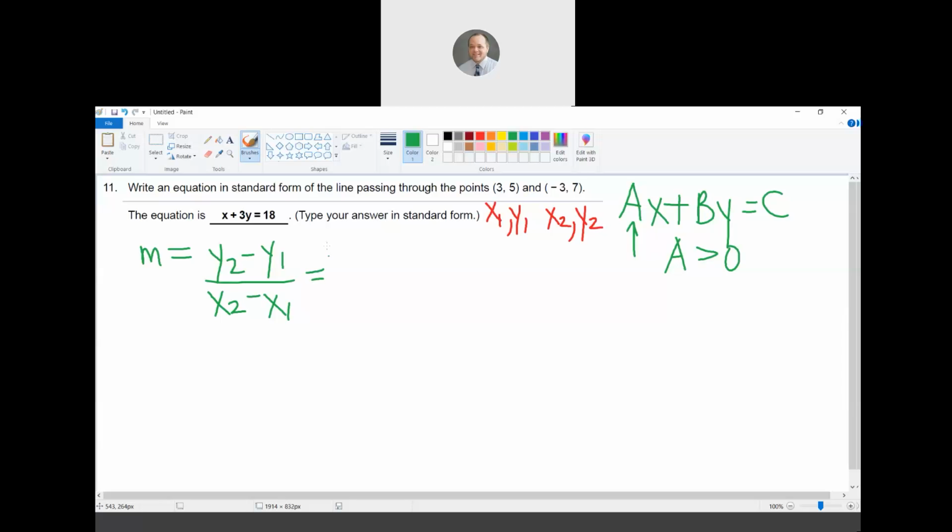Plugging in the y's, we have 7 minus 5. And plugging in the x's in the same order, we have negative 3 minus 3. And that gives us 2 over negative 6. Let's reduce this to lowest terms. So this will be negative 1/3 for the slope.